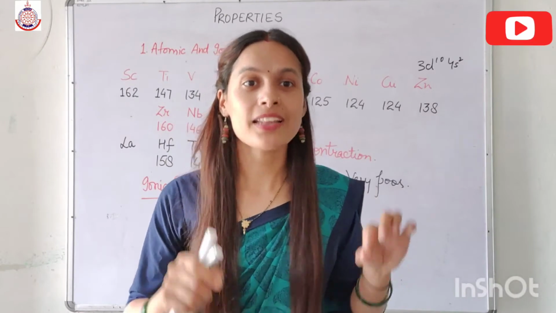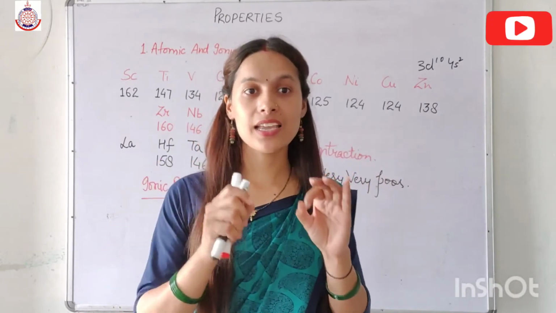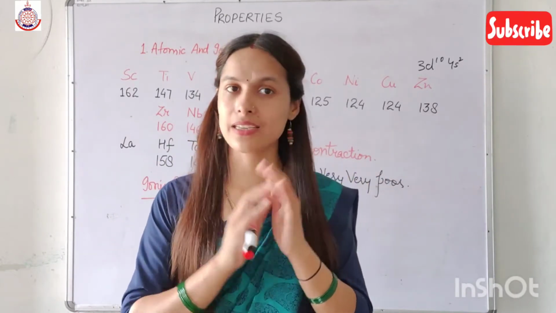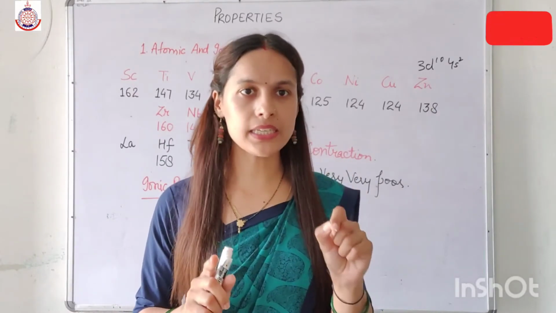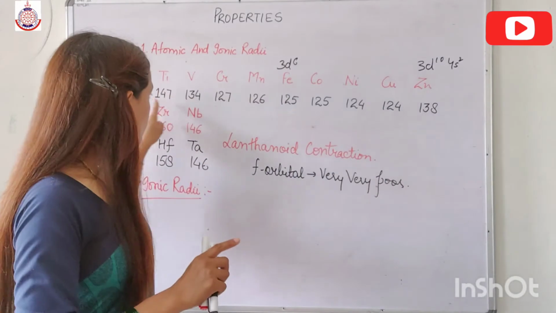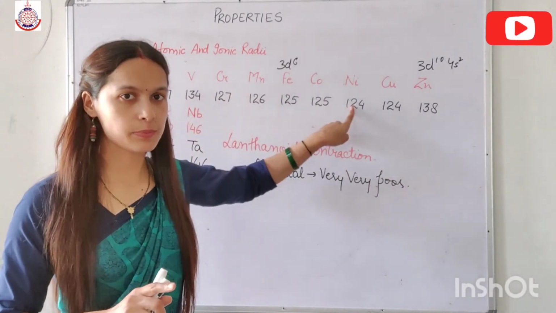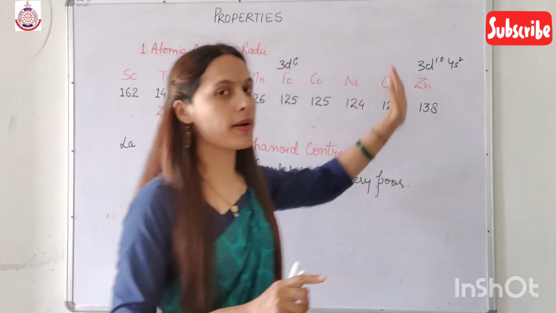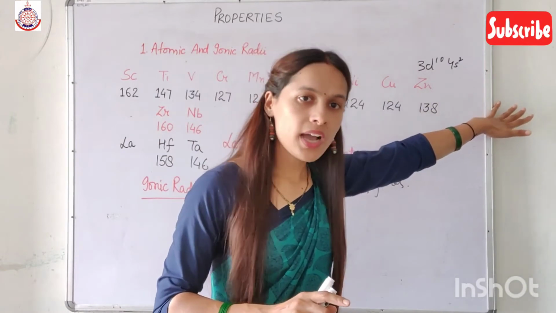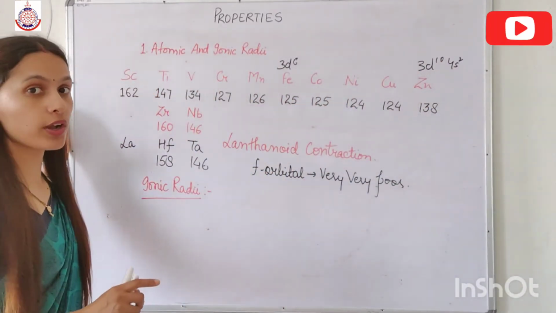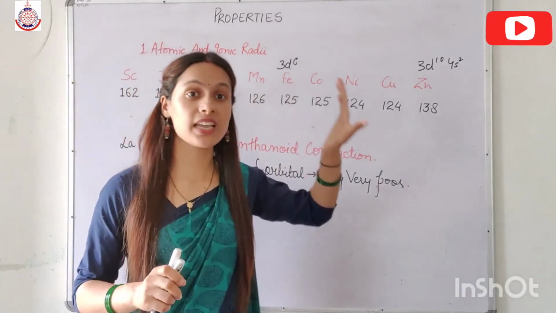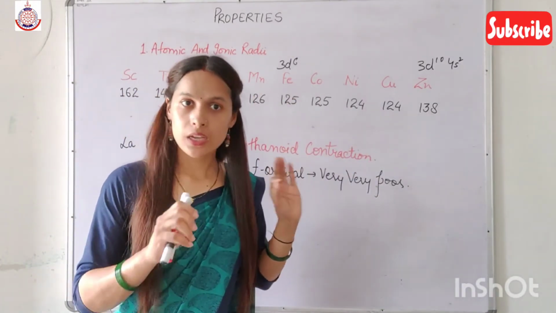And we know that the anion size is greater than the cationic size, because we are talking about a period. हम एक period की बात कर रहे हैं. Suppose if I am talking about this period, so इस period में इसके बाद जो p block आएंगे उनका ionic radii इनसे बड़ा होगा, और इससे पहले जो s block आएंगे उनका ionic radii भी इससे बड़ा होगा. Clear?